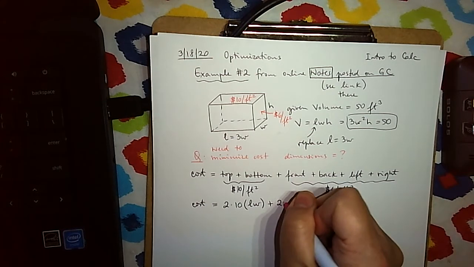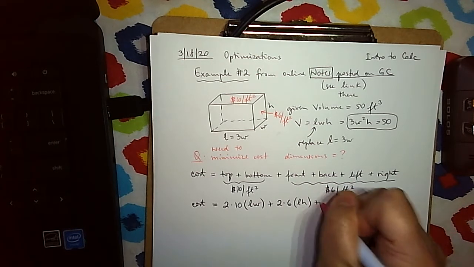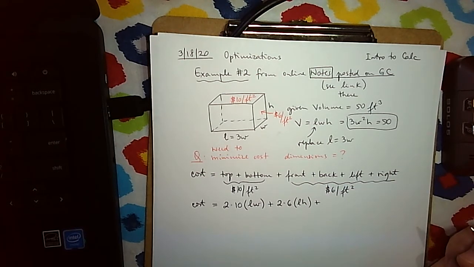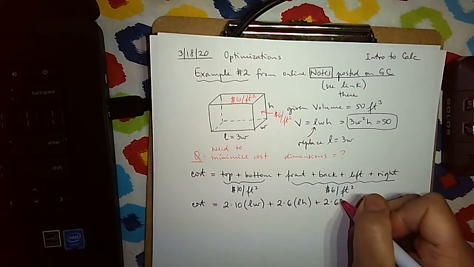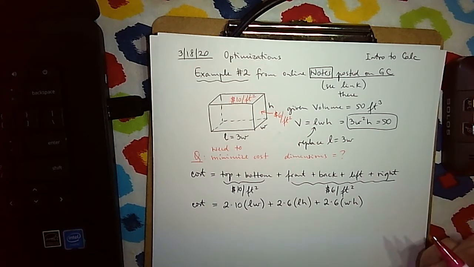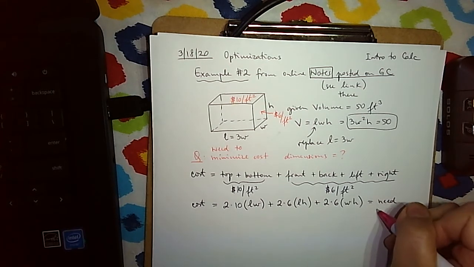So we have two of them with $6 LH. And then for the left and the right, they are again congruent to each other, so again two of them with $6 WH. This cost we need to be minimum.